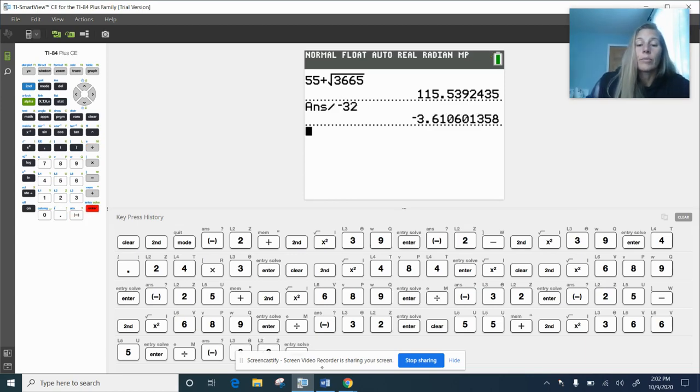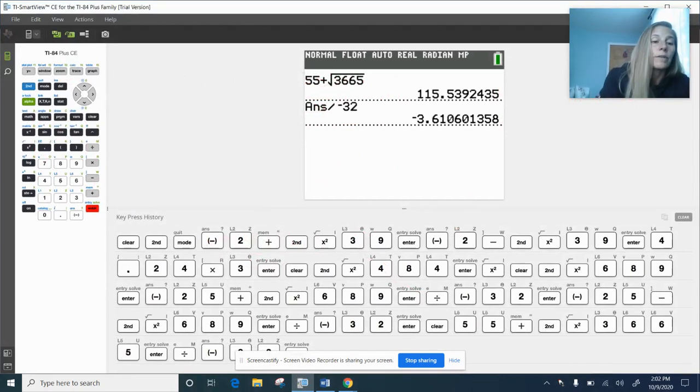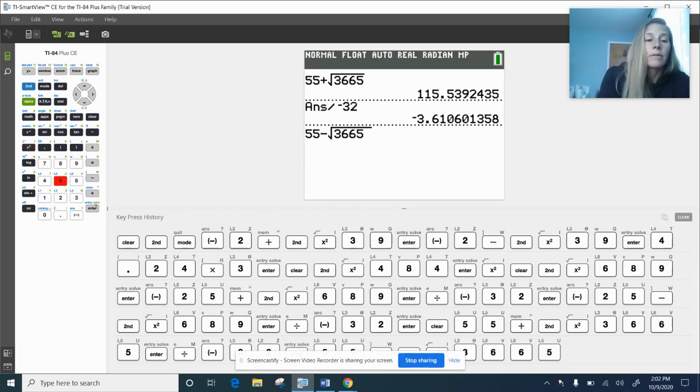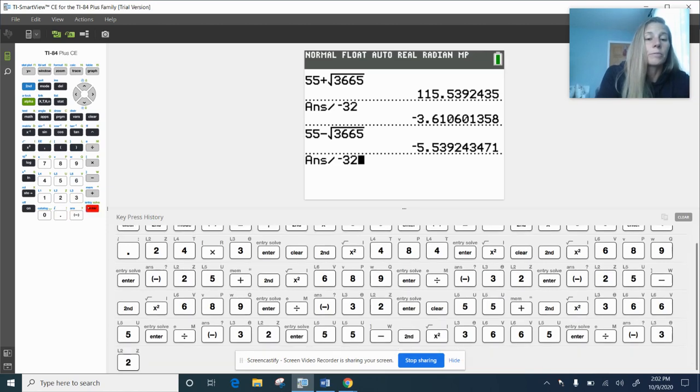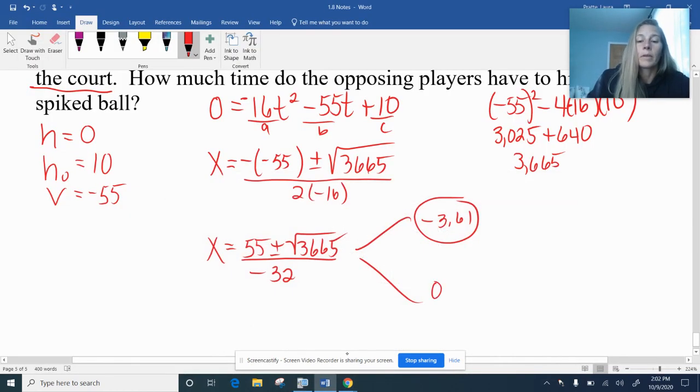And we get negative 3.61. And then we do it again with that minus sign in there. So we're going to do 55 minus the square root of 3,665 and divide that by negative 32, 0.17. And the general rule is to round to the nearest hundredth.